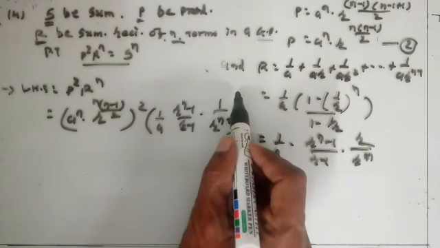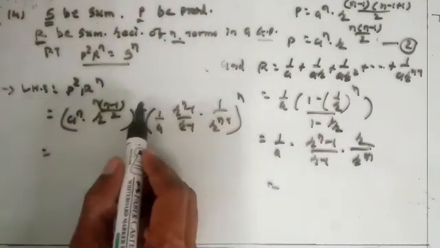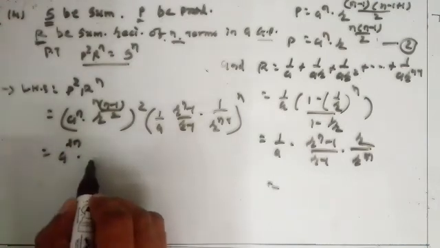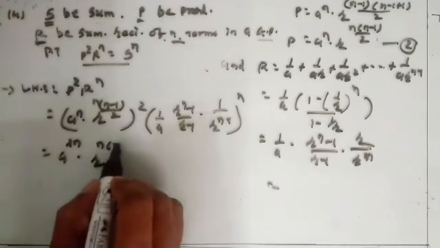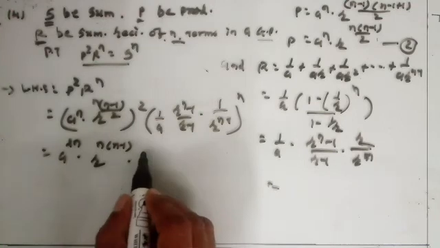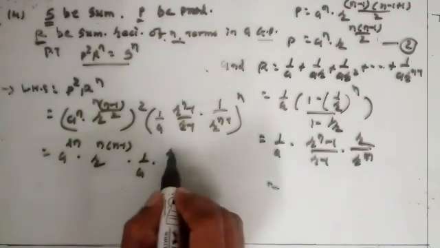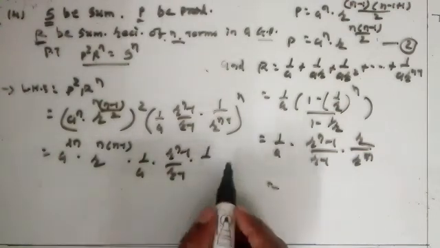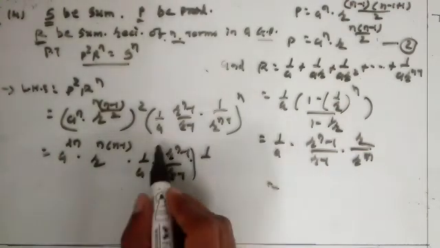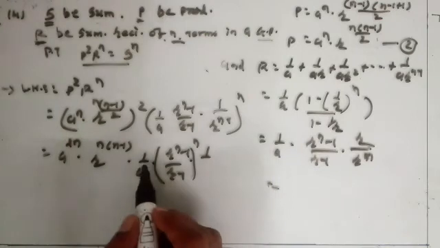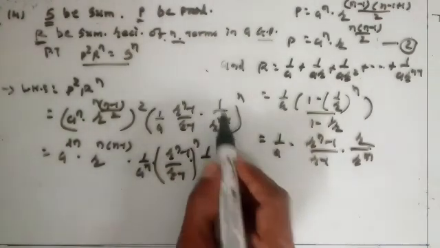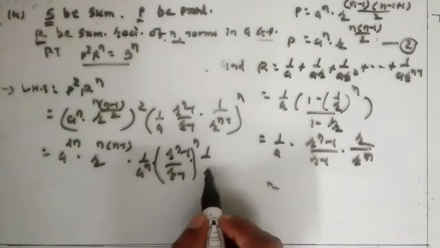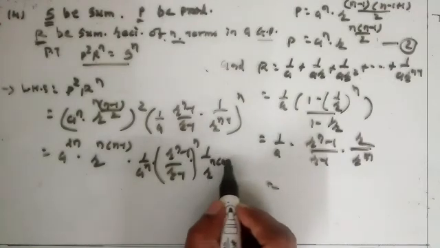Now simplify this. Taking the 2 inside, we get A raised to 2n into r raised to n minus 1 into 1 upon A into r raised to n minus 1 upon r minus 1, the whole raised to n, that is 1 upon A raised to n, and 1 upon r raised to n minus 1 raised to n, that is r raised to n into n minus 1.